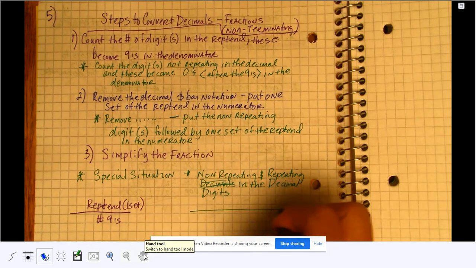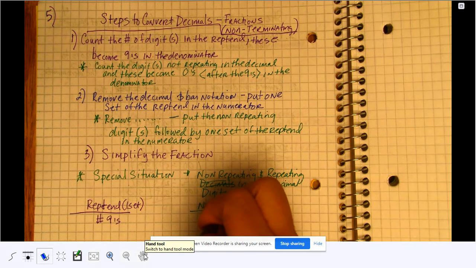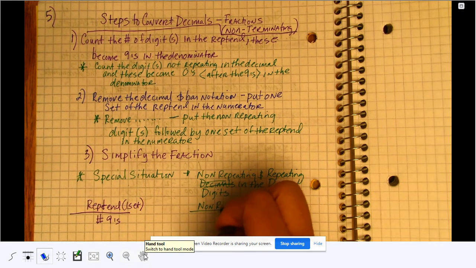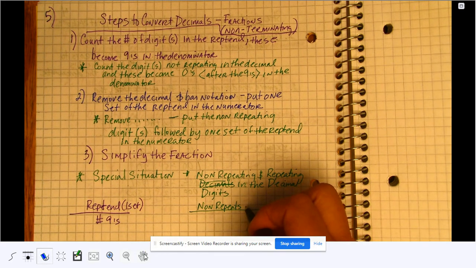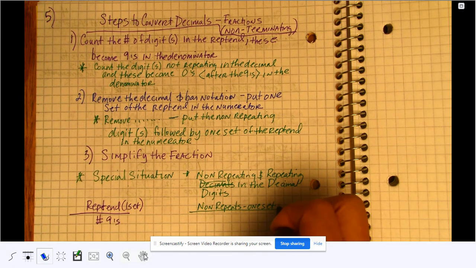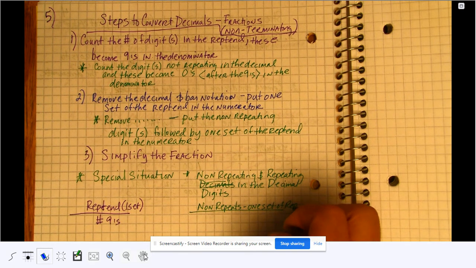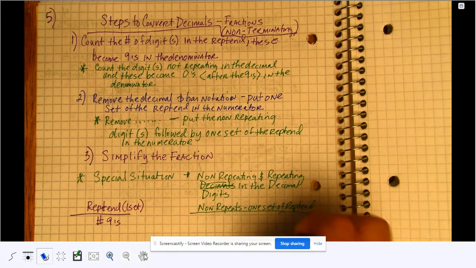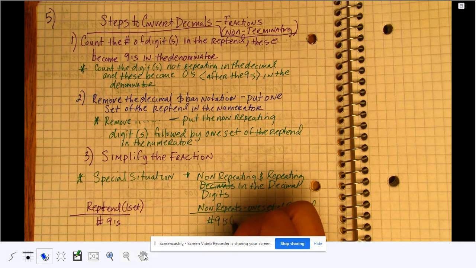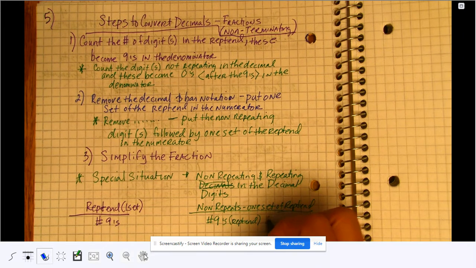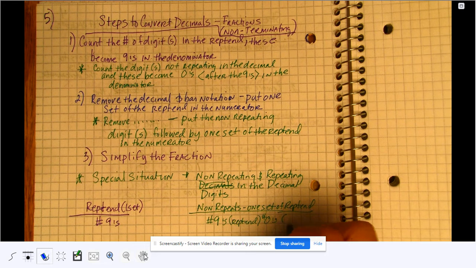The other side, it's going to be the non-repeats followed by one set of the reptend, number of nines as dictated by the reptend, followed by number of zeros dictated by the non-repeats.